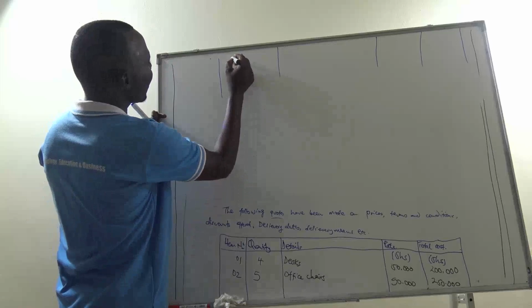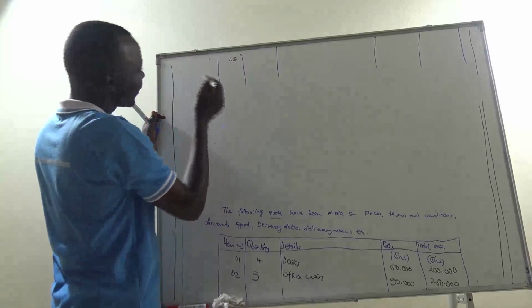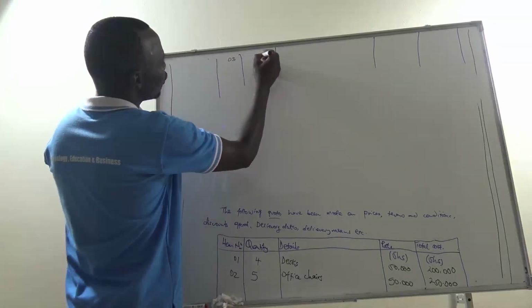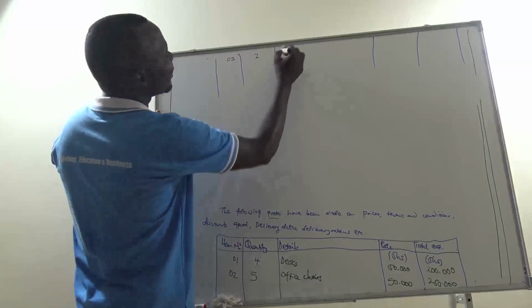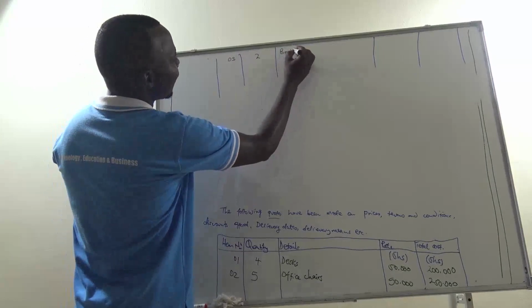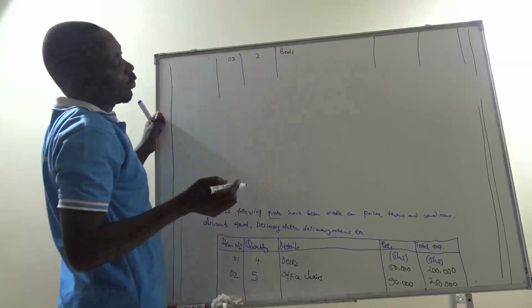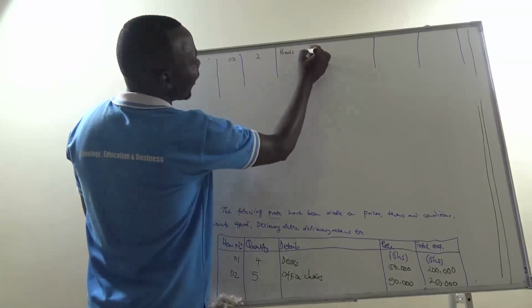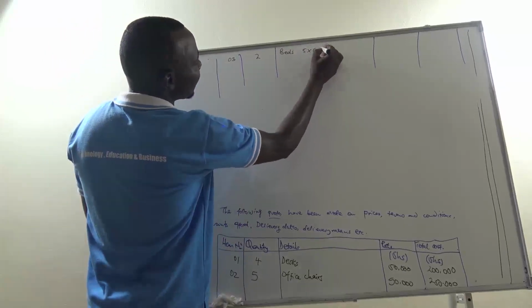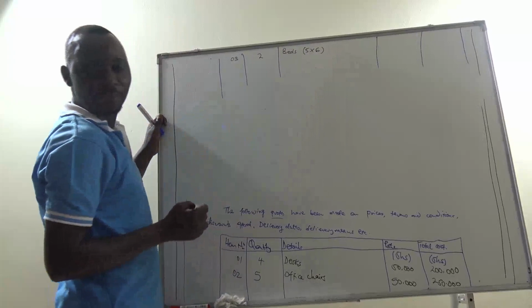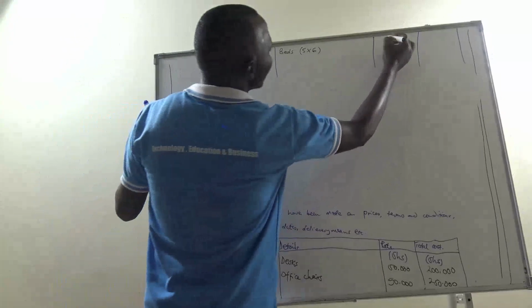Our item number 3 can be maybe 2 beds, and each bed, you can even describe the type of bed. It can be 5 by 6. So each bed is 200,000 shillings.